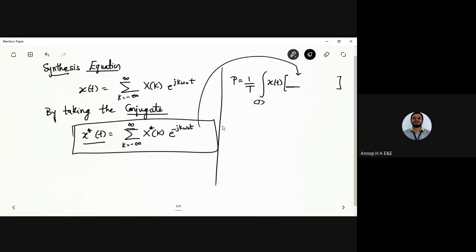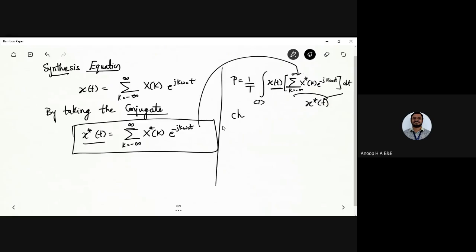So let me write the equation as sigma k equals minus infinity to plus infinity x star of k e power minus j into k into omega naught into t, into dt. So this is the x of t, and this one would be for x star of t.